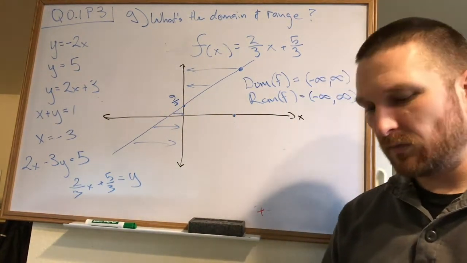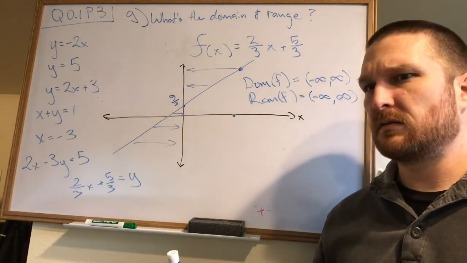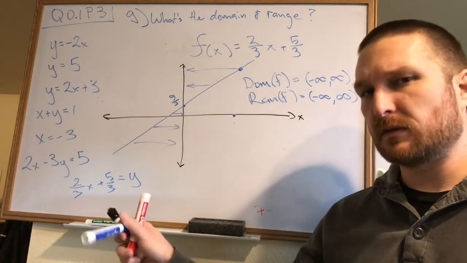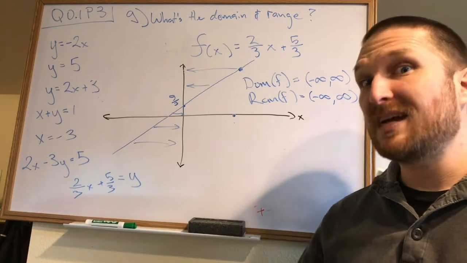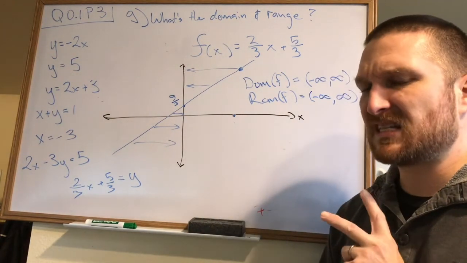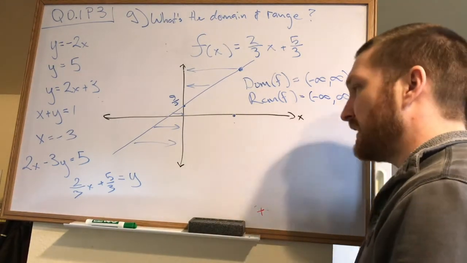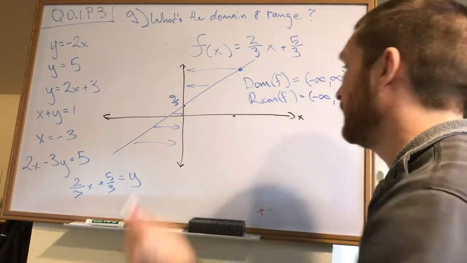So the thing to notice is that almost all lines have a domain of all real numbers, and their range is all real numbers. There are just really two limiting cases where that's not the case. That is in the case of a horizontal line.